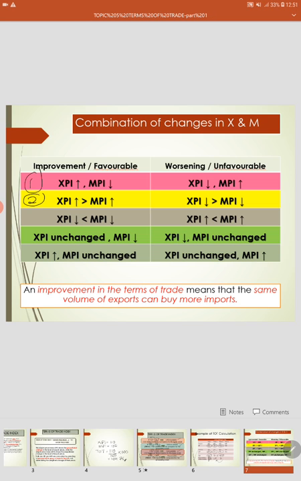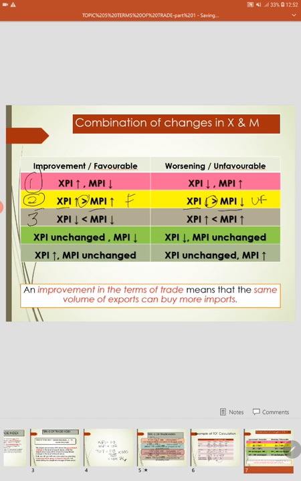However, in the case where you see export price increase and import price increase, you must check if export price rises greater than import price, then it will be favorable. Similarly, when both fall, if export price falls greater than import price, then it will become unfavorable.